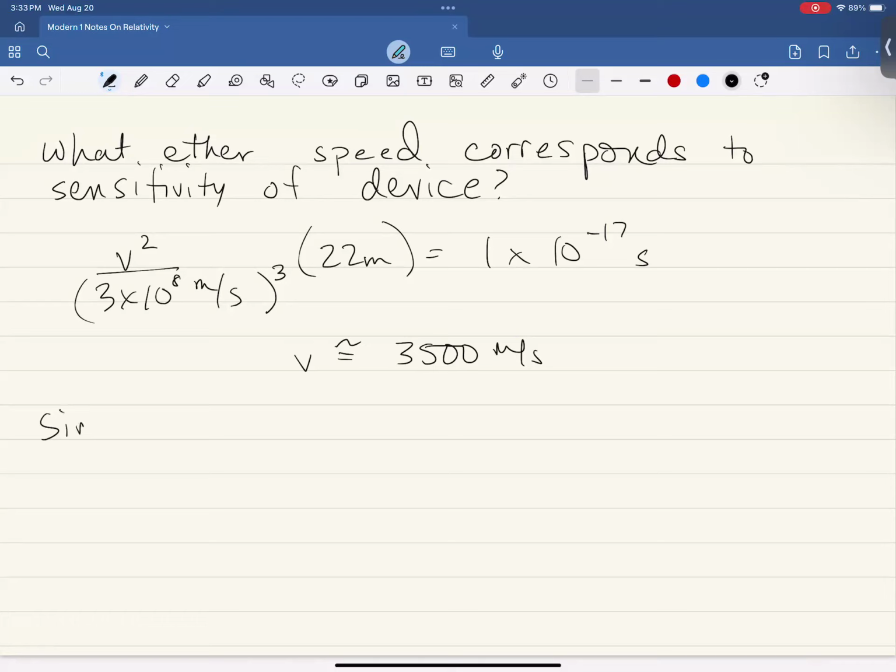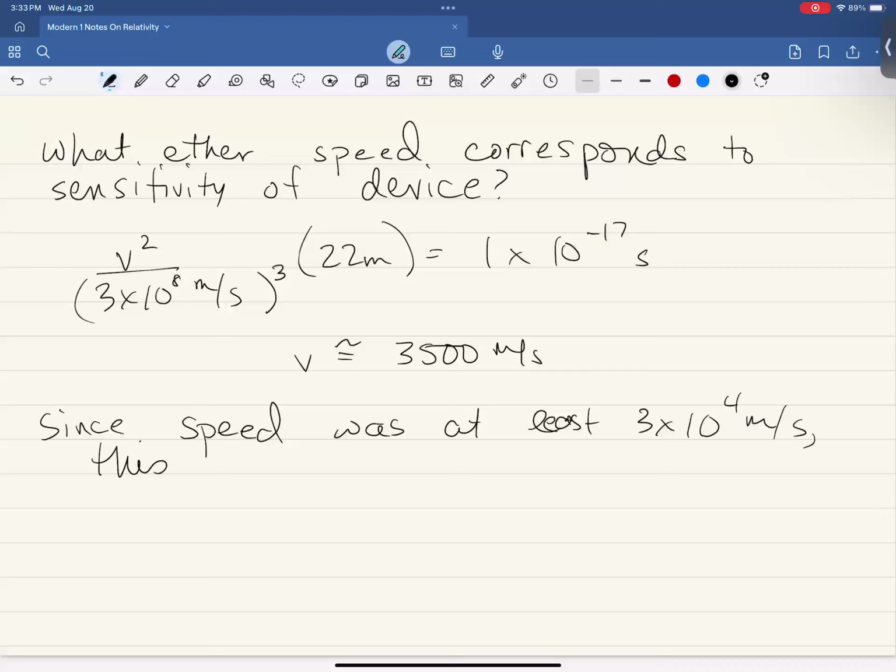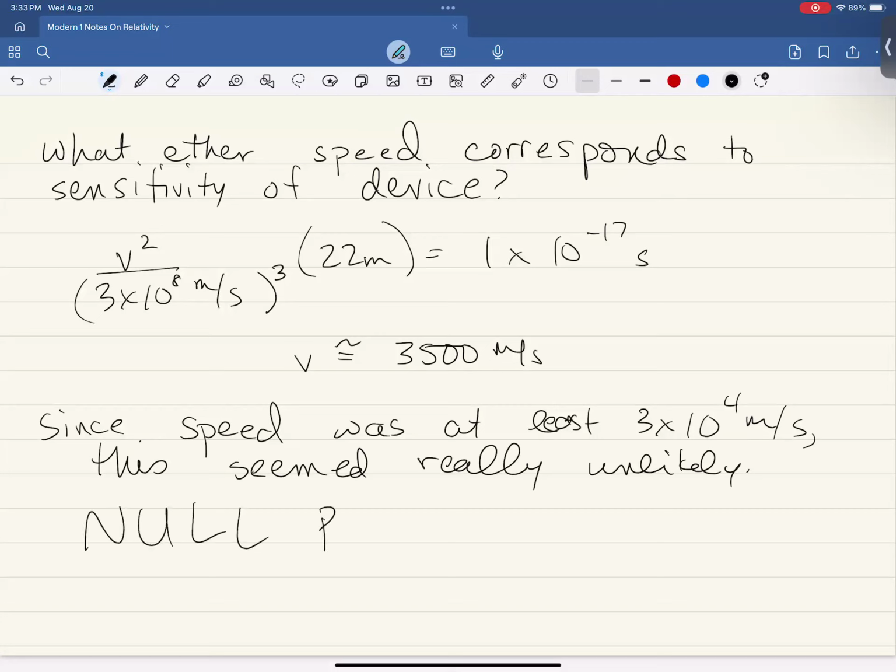Now, since the speed of the Earth through the ether was assumed to be at least the orbital speed of the Earth, at least 3 times 10 to the 4 meters per second, this seemed really unlikely. And so that's the null result. Okay, so that's the null result that Michelson and Morley got, and that's how they disproved the existence of the ether.